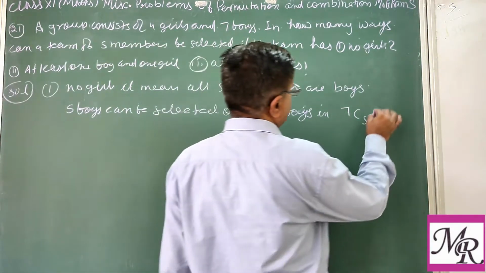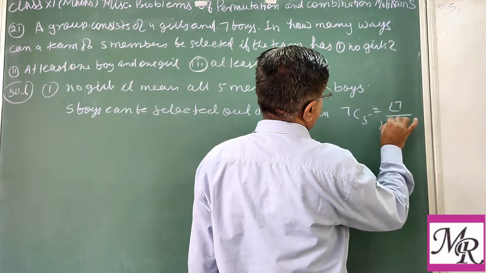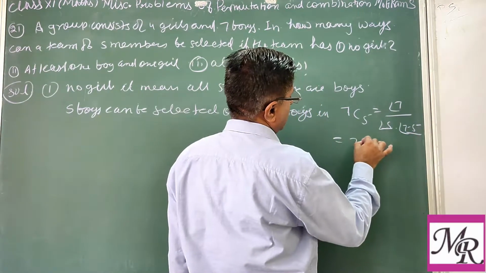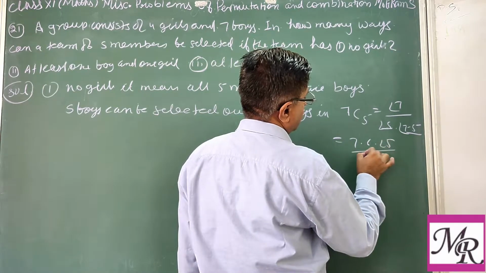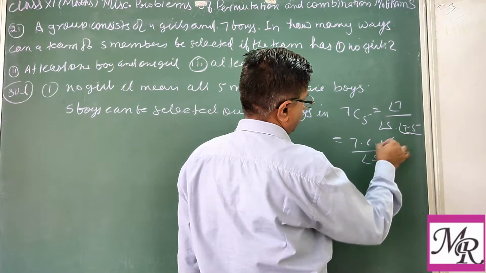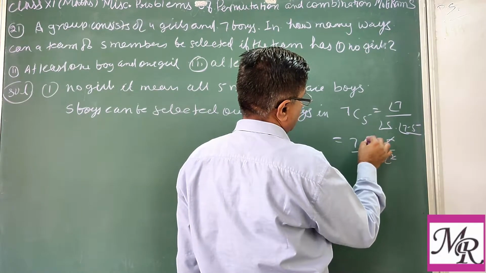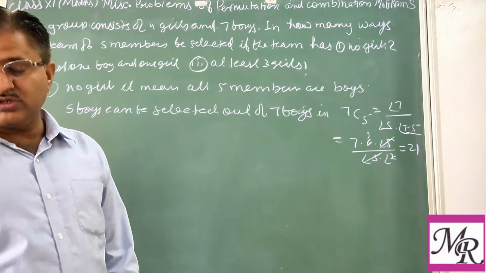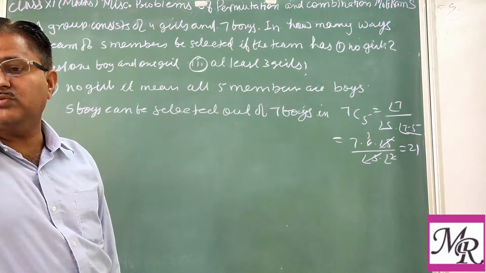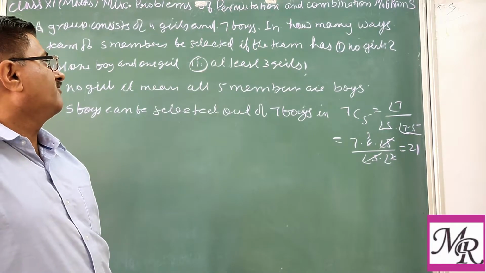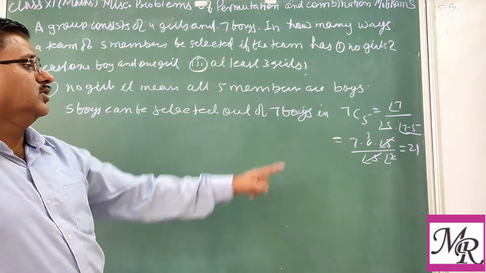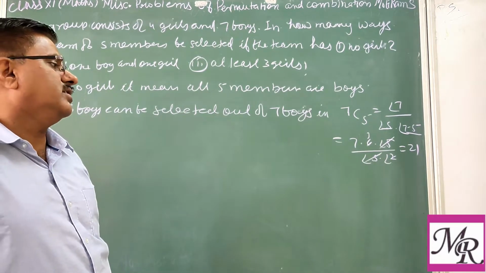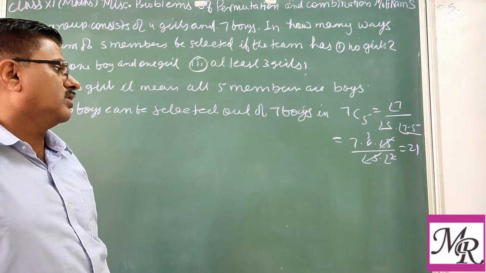Now you solve this: factorial 7 upon factorial 5 into factorial 7 minus 5, so this is 7 into 6 into 5 factorial upon factorial 5 into factorial 2. So 7 into 3, that is 21. So this is the number of ways in which we can select a team of 5 members where there is no girl. So there are 21 such teams in which there is no girl.